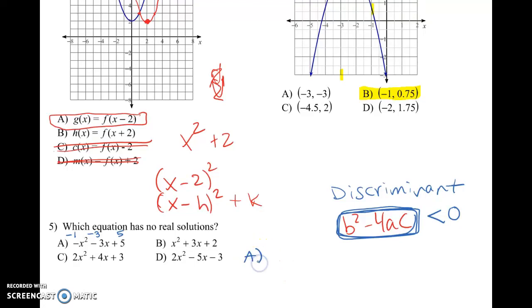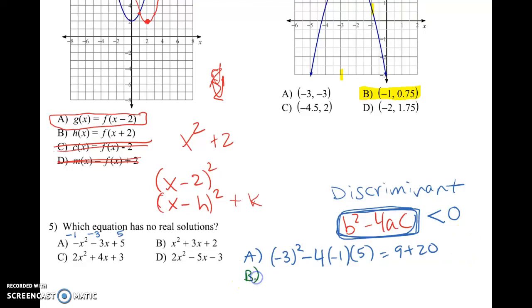So A would be negative 3 squared minus 4, let's see, A was negative 1 and C was 5. So here I have 9. A negative times a negative is positive, so that's 4 times 5 is 20. And I need that to be negative. Well, that's not going to be negative, so I'm not even going to continue any further there.